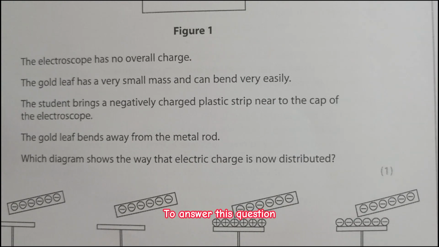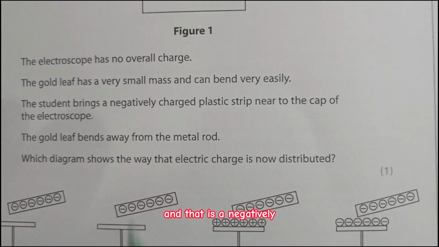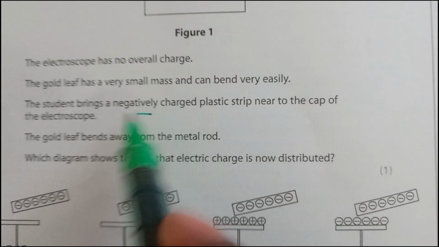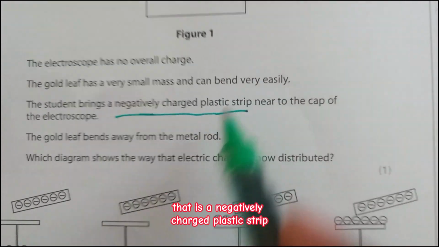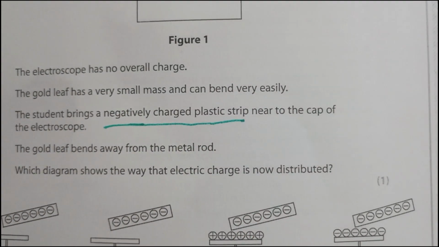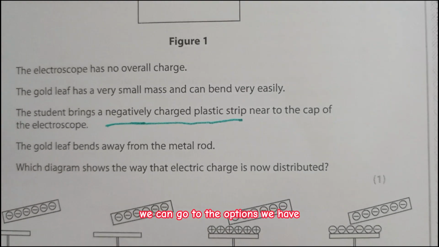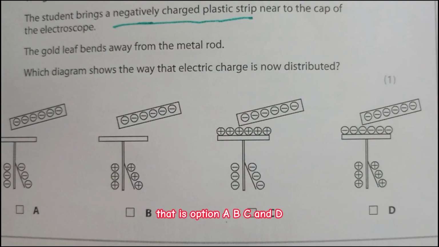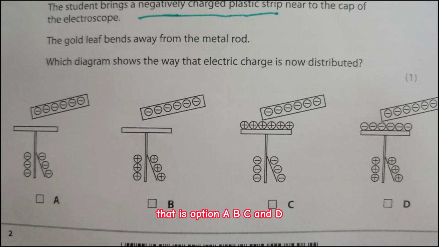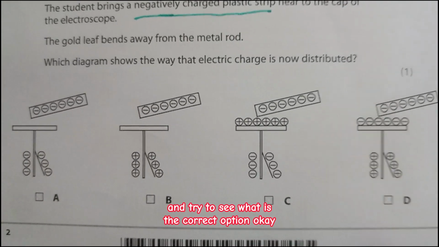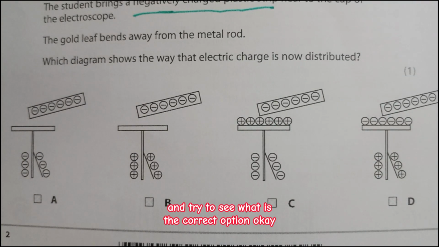To answer this question, first, you have to know what is the charge of the plastic strip that was brought near to the metal cap, and that is a negatively charged plastic strip. Then now we can go to the options we have, that is option A, B, C, and D, and try to see what is the correct option.